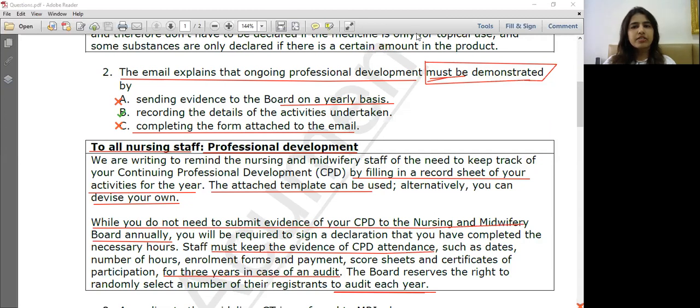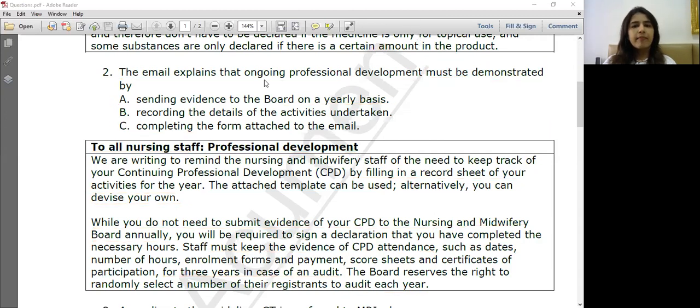So these types of questions are comparatively easy, but in reading Part B, the detail questions will be hardly one question. The majority of the questions in reading Part B will be either reading for gist or reading for purpose. So when you are practicing for reading Part B, you should focus more on those two types of questions. But it's also very important that you're familiar that there can be a detail question as well.